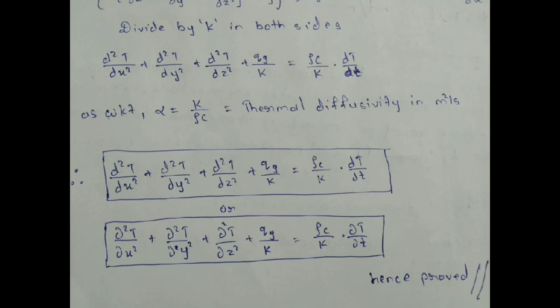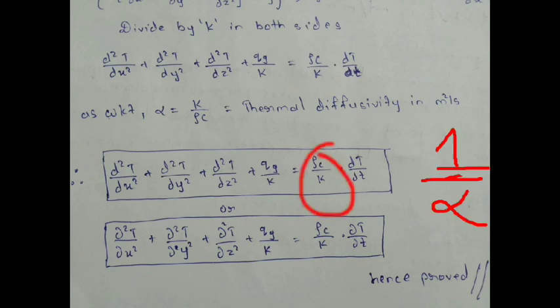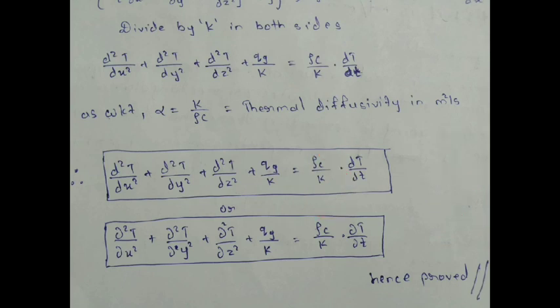In the last equation, rho C divided by K is written as 1 divided by alpha. So this was the final answer of this equation.